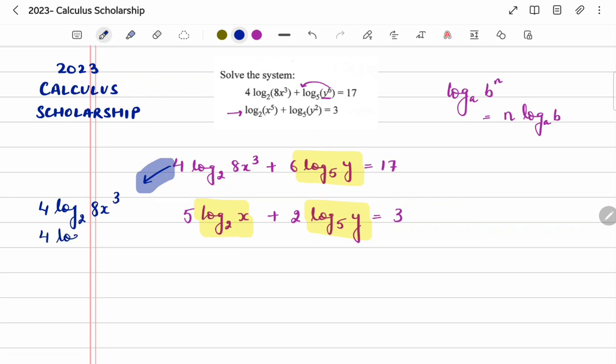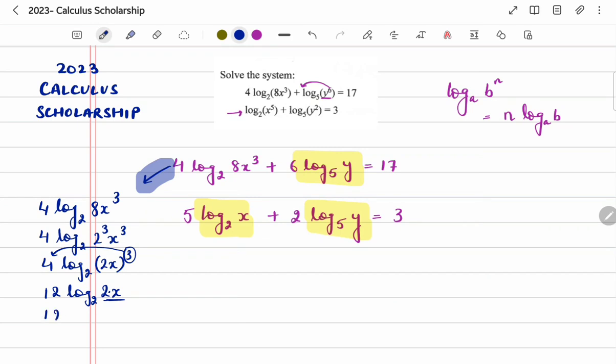So 4 log base 2, 8 is 2 cubed, so 2 cubed times x cubed can be written as 2x whole cubed. Again, this is the power, so we can multiply it with the coefficient, so that will be 12 log base 2 of 2x. Because it's multiplied, we can split it into log a plus log b.